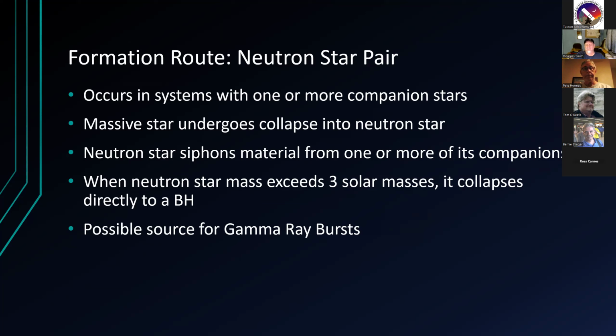This is a star that's not quite 10 solar masses, so it won't go directly into a black hole. The recently formed neutron star will start siphoning material from one or more of its companion stars, and when the neutron star exceeds 3 solar masses, it will collapse directly into a black hole. We think that this mechanism is one primary source for what we observe as gamma ray bursts.